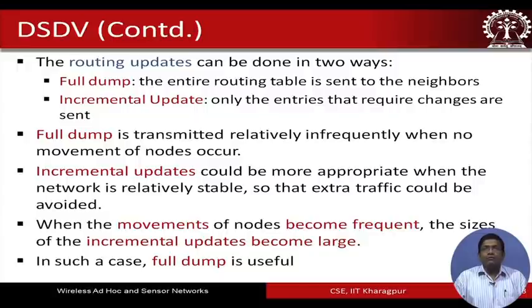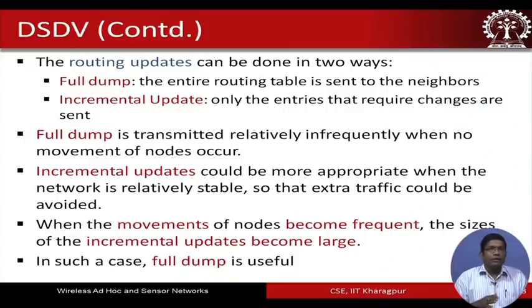One is called the full dump. Full dump means that the entire routing table is sent to the neighbors. We have already seen that in DSDV every node shares its routing table with its neighbors. So how do you share it? You periodically advertise your entire routing table to your neighbors, so that they come to know about every content. That is called the full dump.